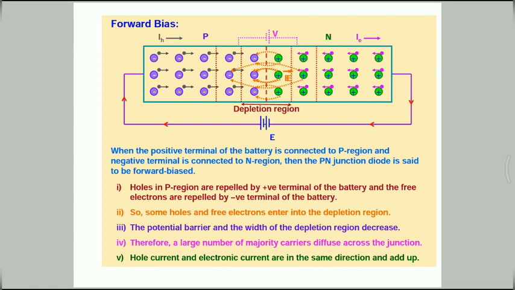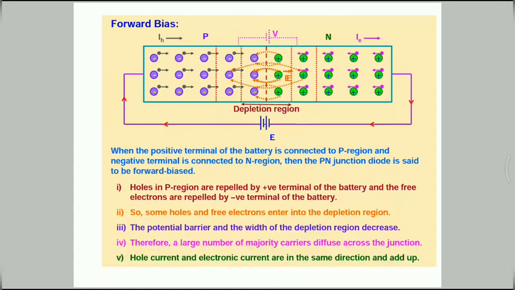For each electron-hole combination, a covalent bond breaks in the p region near the positive terminal of the battery. Out of the hole and electron so produced, the hole moves towards the junction while the electron enters the positive terminal of the battery through the connecting wires.